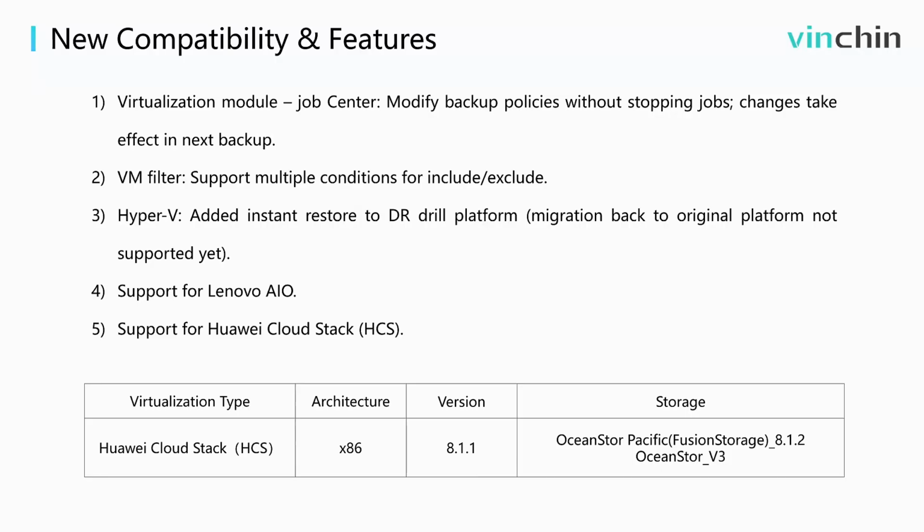For Hyper-V, we added instance restore to the DR lab platform; migration back to the original platform is not supported yet. And we also support the Lenovo AIOs and the Huawei Cloud Stack.